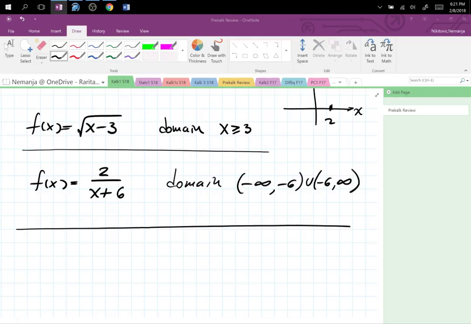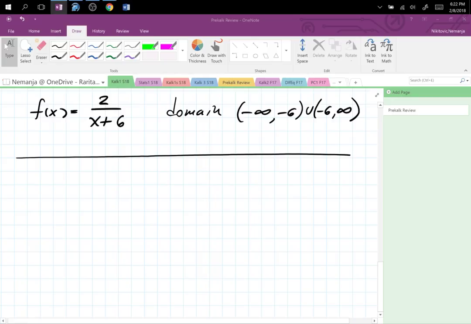So again, a function is going to give us some type of an answer. So let's say you have f of x to be x squared minus 3 and g of x to be x squared plus x plus 1, right? So now I can ask you, what is f of 5?